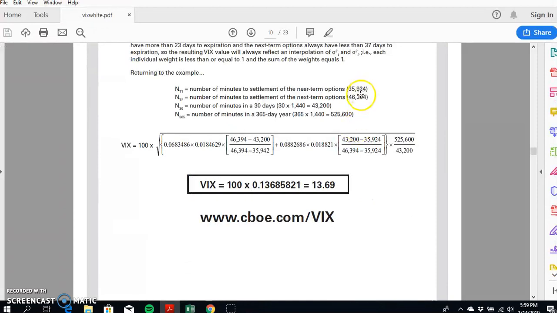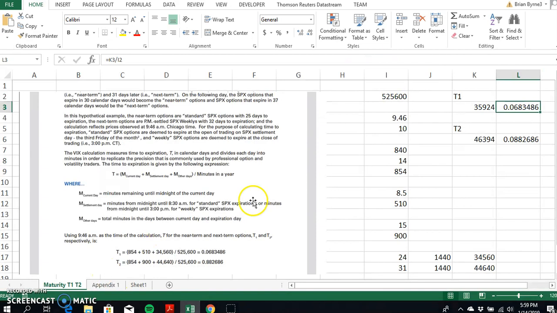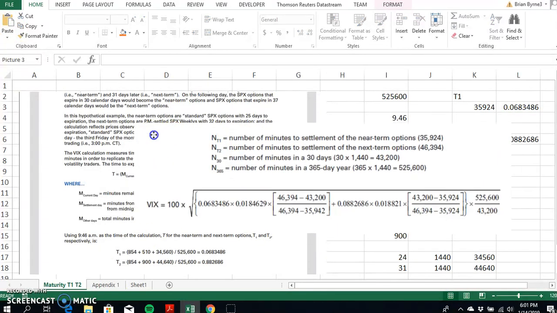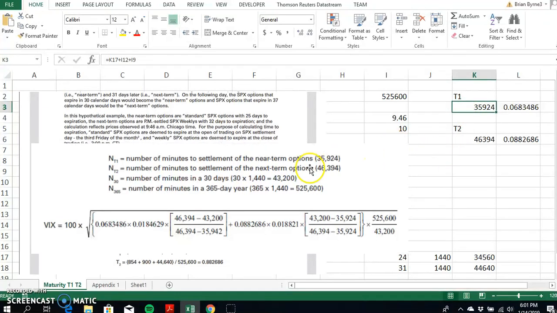Now to see where we got those figures from again, we might go back into the spreadsheet to the first worksheet, and I'll paste in the final bit of the estimation just so that we note. T1 in terms of minutes was equal to 35,924, and T2 in terms of minutes was equal to 46,394.